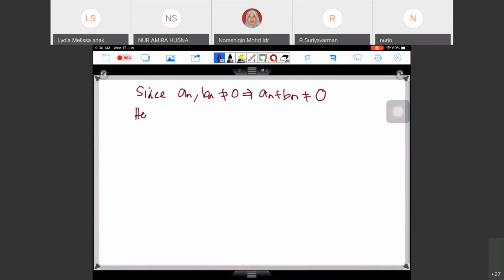Hence, at least we have P(x) equal to (a_n plus b_n) x to the n.